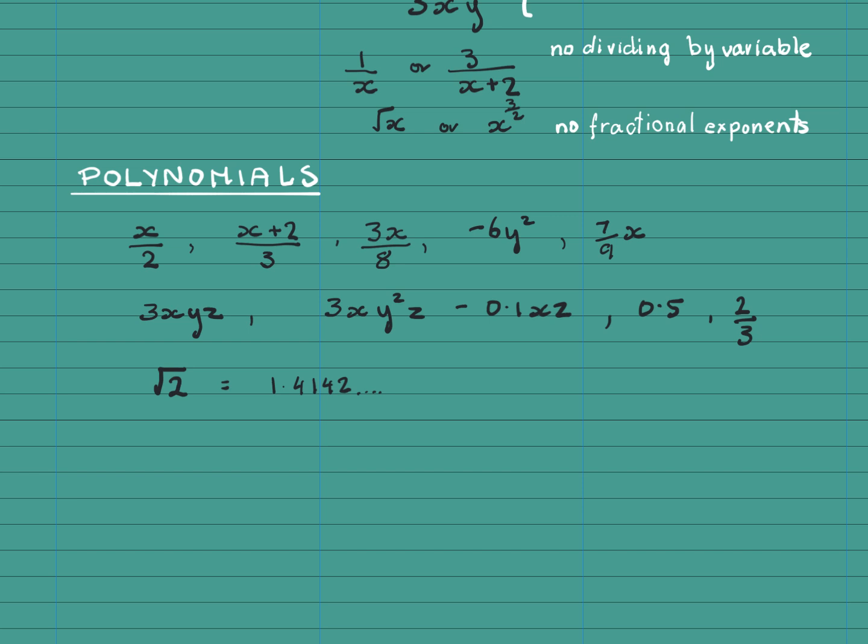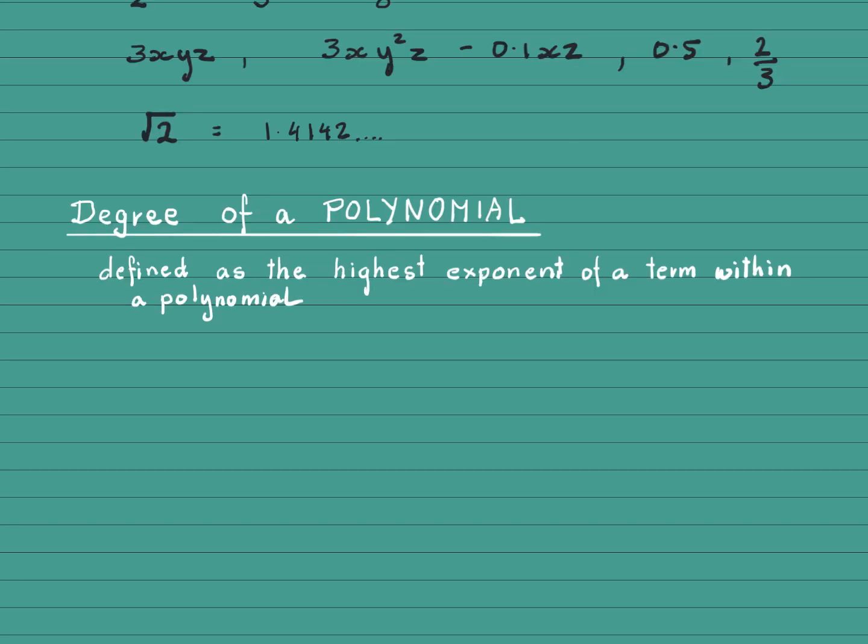And lastly, I want to talk about the degree of a polynomial, which is defined as the highest exponent of a term within a polynomial. For example, a polynomial with a variable x, which is equal to, say for instance, 6x^3 plus 4x squared plus 3x plus 1, its degree will be 3 because 3 is the highest exponent.